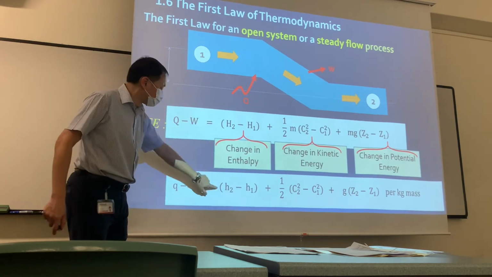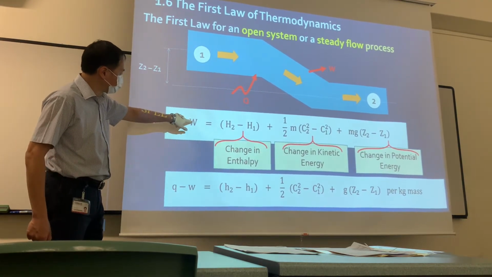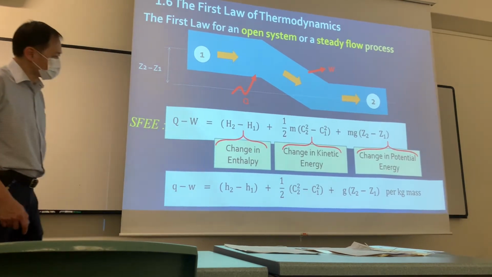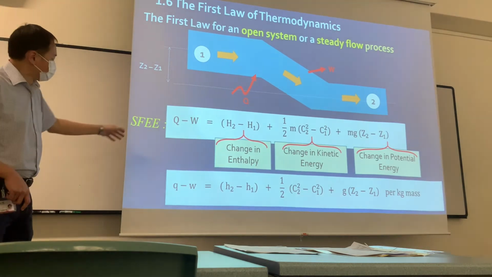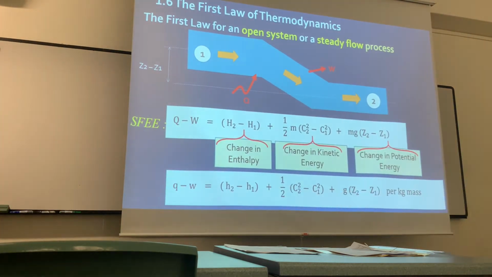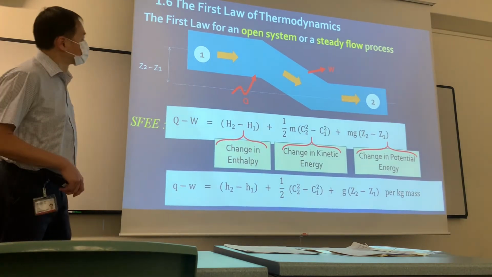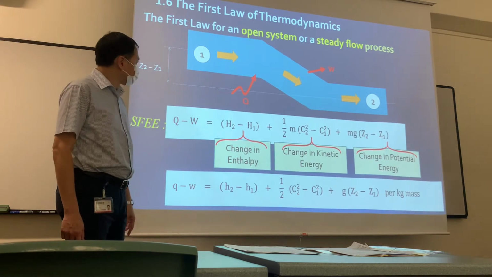Because it is divided by n. This Q divided by n becomes small q. This W divided by n becomes small w. So this equation, in short, we call the steady flow energy equation.